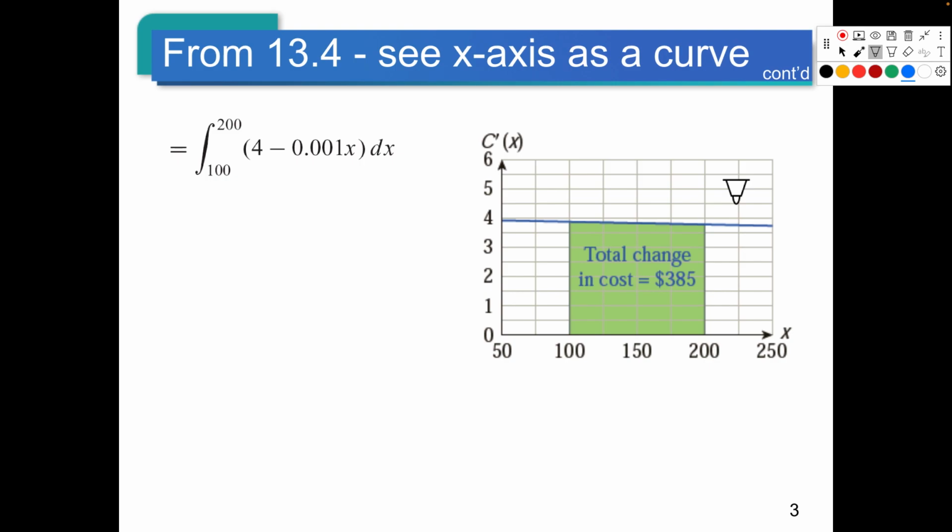The second method we did was this graphical method, where we got the area under the curve simply by graphing the derivative function, inputting the boundaries from 100 to 200. That area under the curve was the same as if we integrated and used the fundamental theorem of calculus.